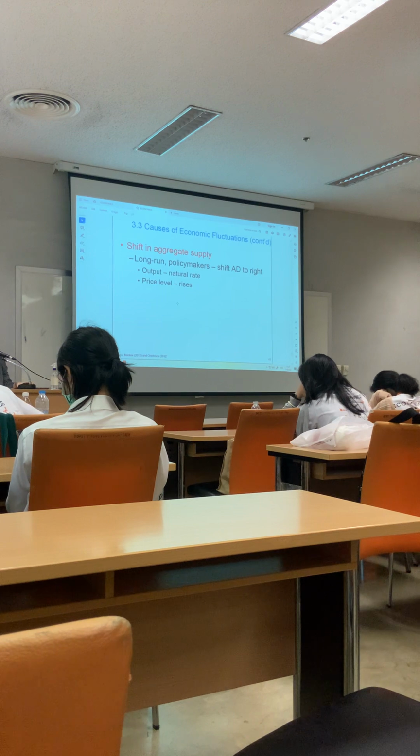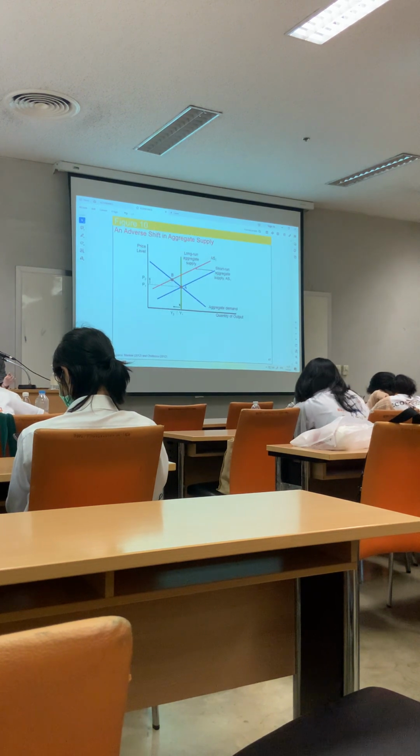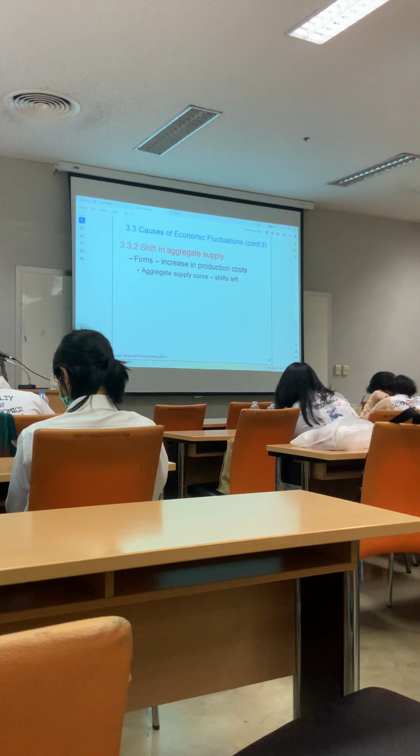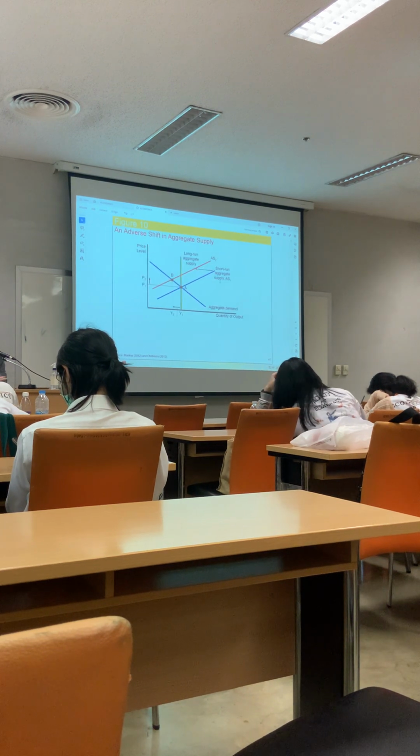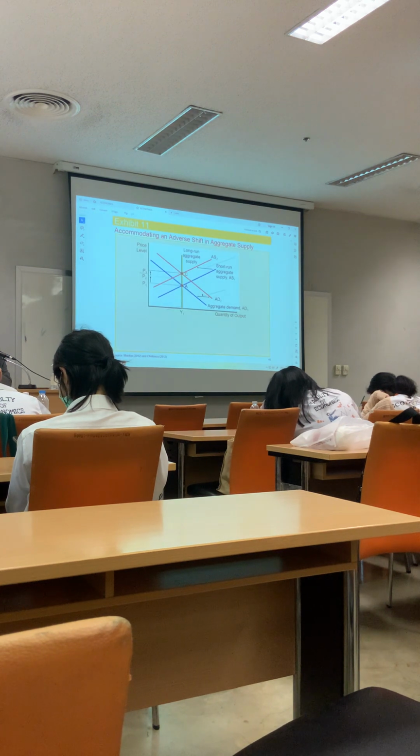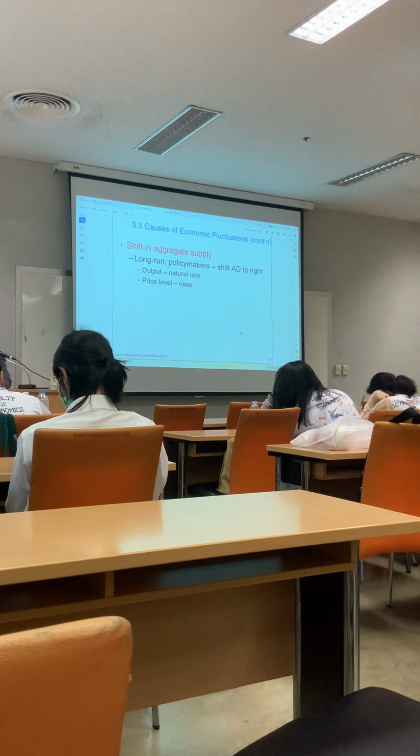In fact, there is one thing I didn't tell you, just to conclude this chapter. For the last thing I taught you last time, about policy that shifts aggregate supply, there is one slide, slide number 48, that says something about policymakers wanting to shift AD.